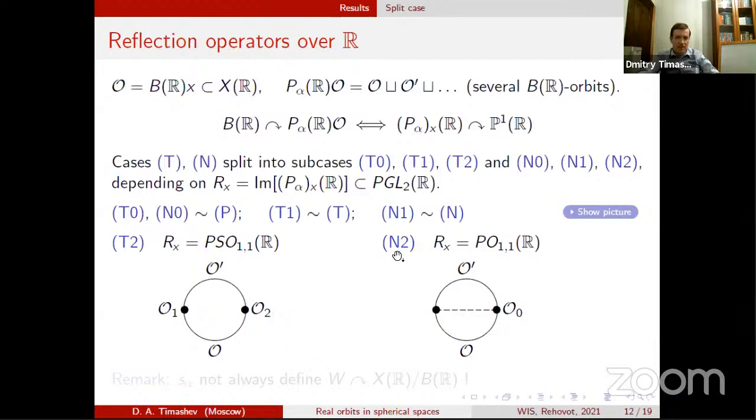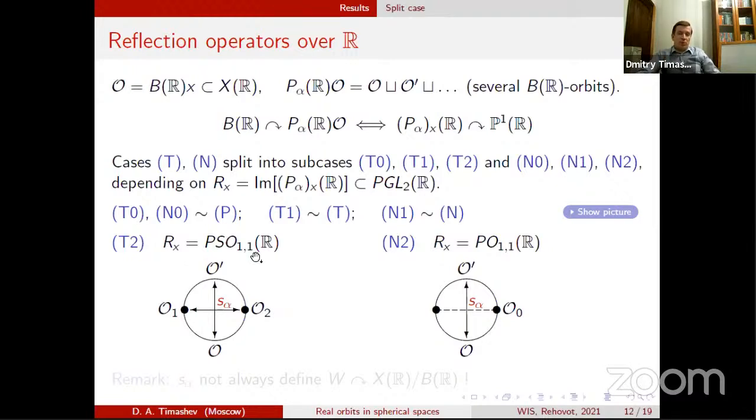So the reflection operators, which we introduce on the real Borel orbits, are defined similarly to Knop's definition, with the only difference in these 2 cases, T2 and N2. In these 2 cases, we define the reflection operators to interchange the 2 open orbits.